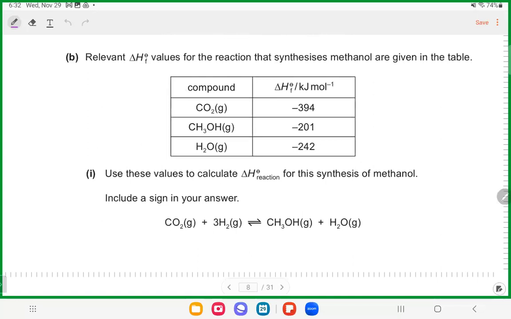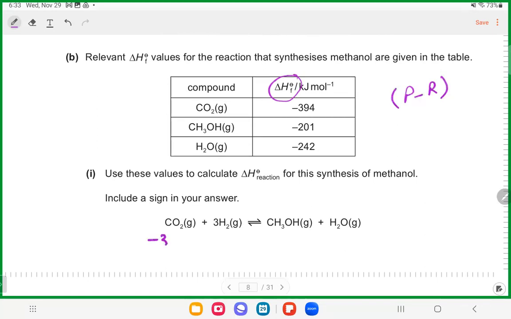It says relevant enthalpy change of formation values for the reaction that synthesizes methanol are given in a table. Use these values to calculate the delta HR for this reaction for the synthesis of methanol. Include your sign in your calculation. Now, you can clearly see the data of formation is given. So for formation, we have studied that we do product minus reactant. Now, place all these values.